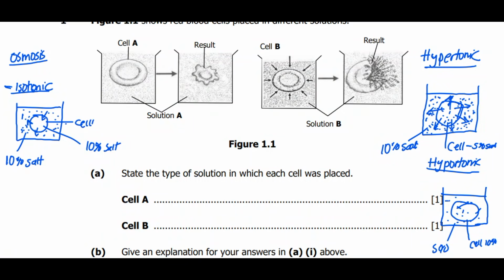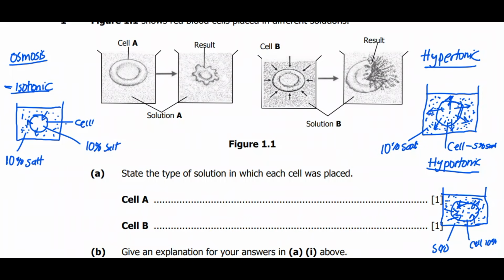So this means that in the solution there is too much water compared to the water molecules in a cell, and this time water will move from the solution into the cell, and we know what happens. The cell will gain water until at some point the cell will swell and burst. So that is the concept that we are trying to use for us to answer these questions.